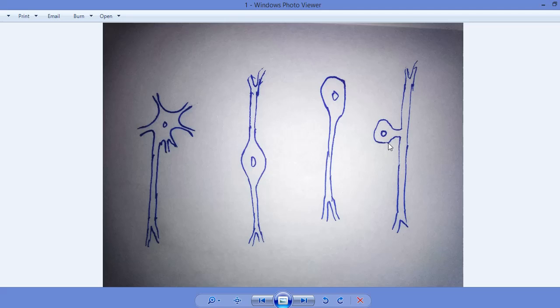So the neuron in which the cell body is attached with one pole, and that one pole gives rise to multiple branches, that is pseudo-unipolar neuron. The central nervous system and peripheral nervous system, all of these can exist, but the unipolar neuron, this type of neuron, mostly exists in the embryonic stages.